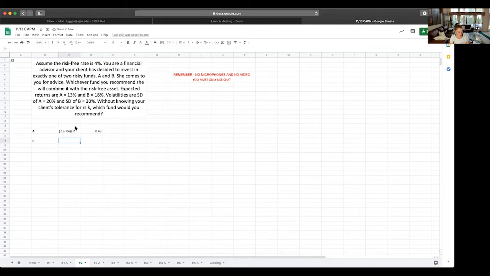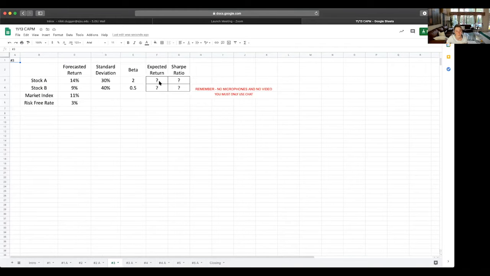And then you do the same thing with B. So you're going to have 0.18 minus 0.04 divided by 0.3. So for this, you will get 0.47 and 0.45.